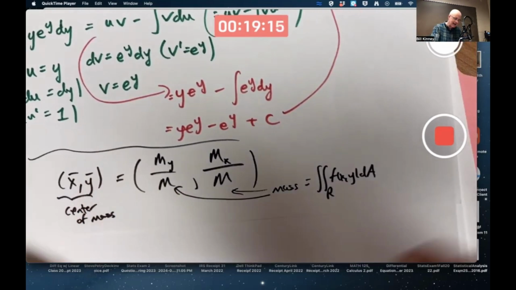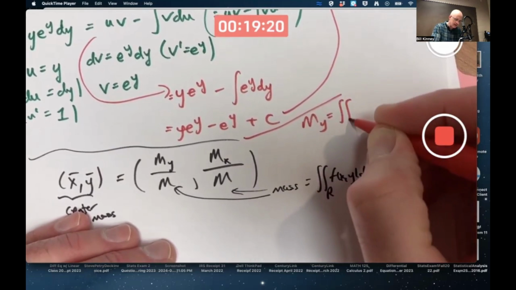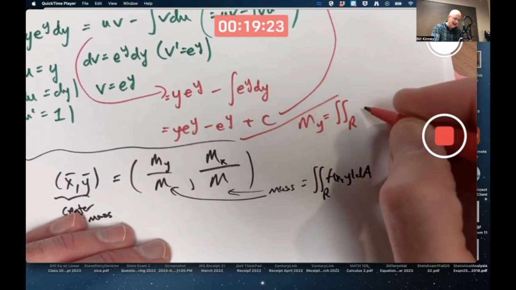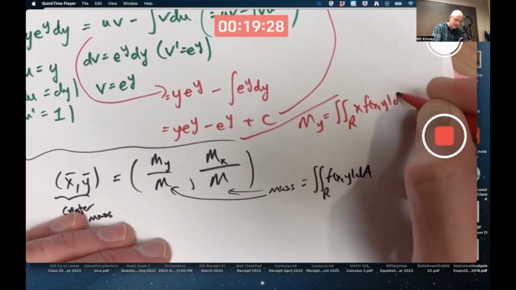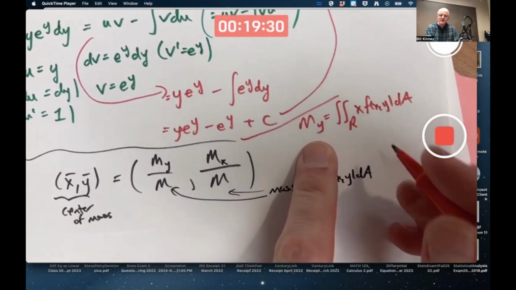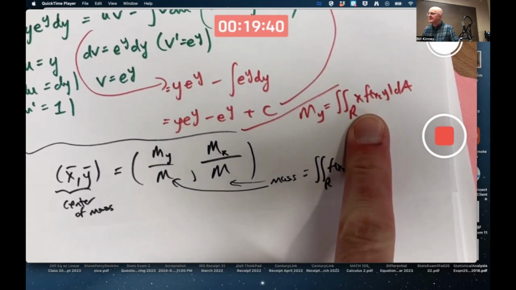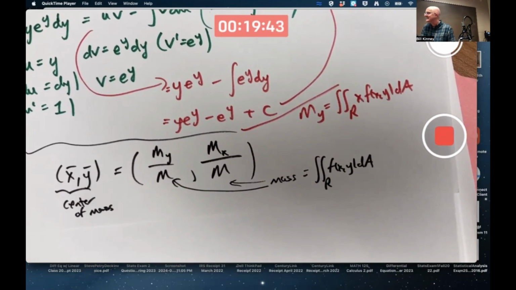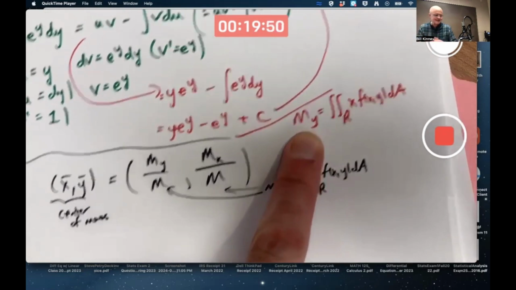M sub Y turns out to be a double integral over the region of X times the density function. Use a subscript of Y, no pun intended until I just said it. The reason is because by multiplying by X, you're measuring the signed distance from the Y-axis. We're using M sub Y as it's a moment about the Y-axis.